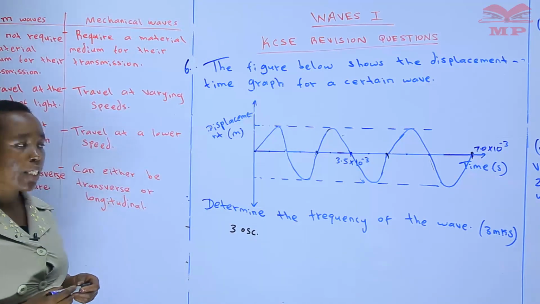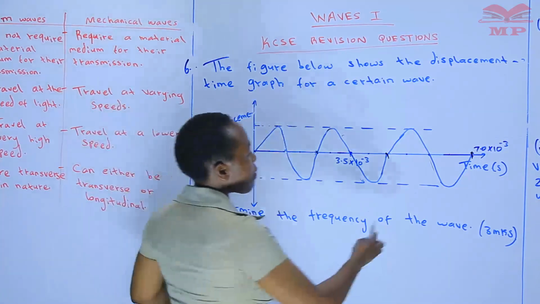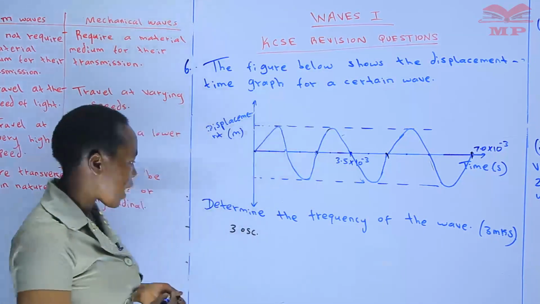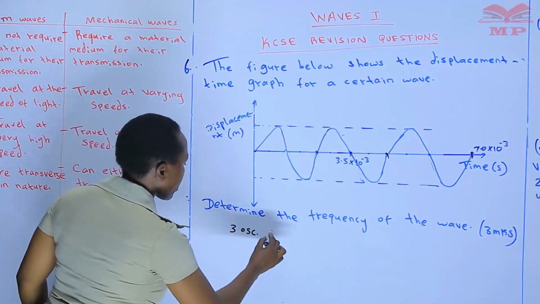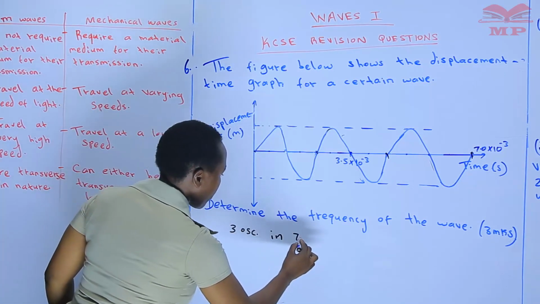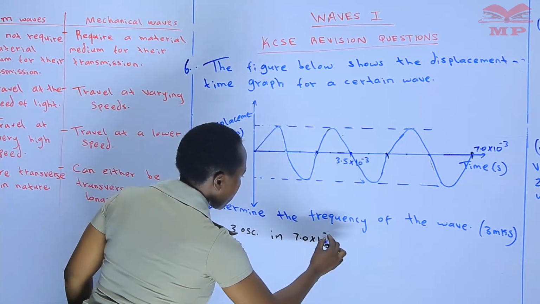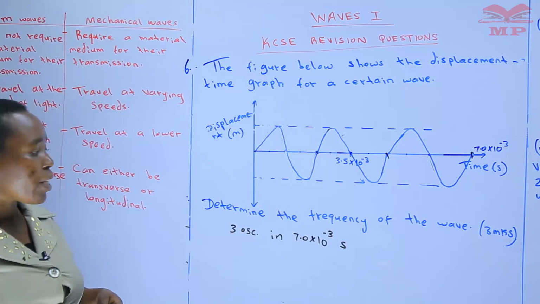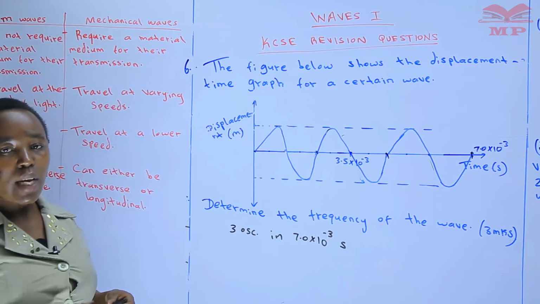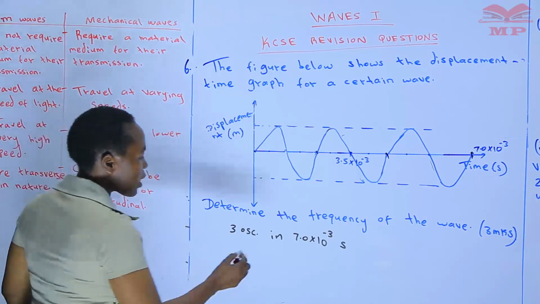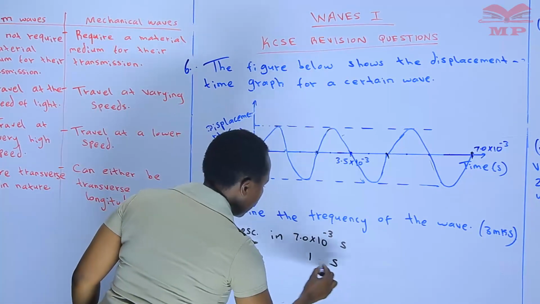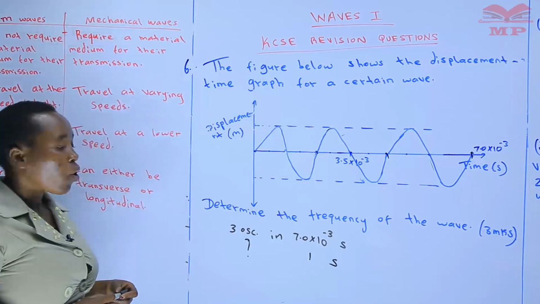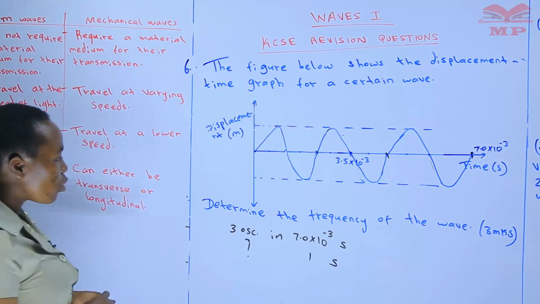3 complete oscillations, and they are being covered in 7.0 times 10 power negative 3 seconds. So we have 3 oscillations in 7.0 times 10 power negative 3 seconds. And now that we know frequency is the number of oscillations in 1 second, we ask ourselves, what about in 1 second? How many oscillations are we going to have?